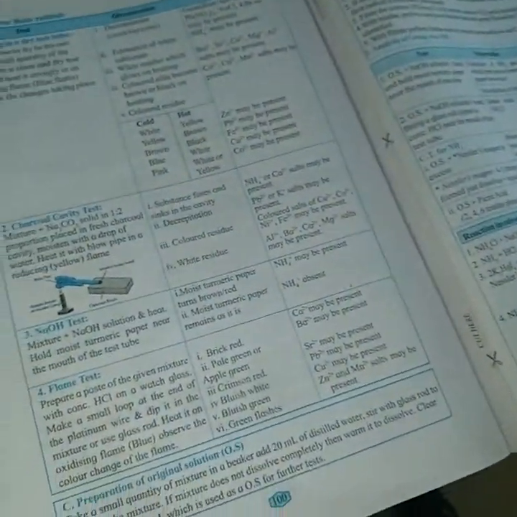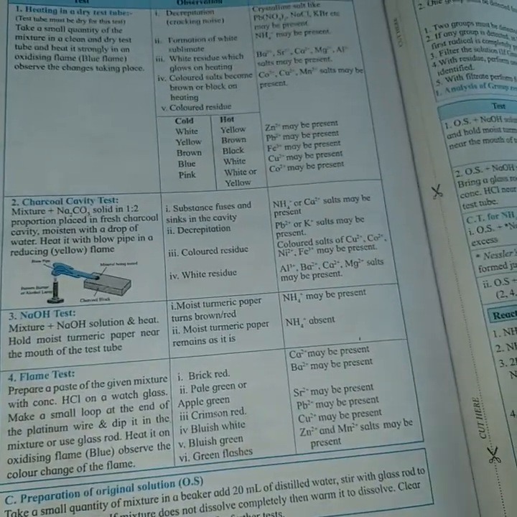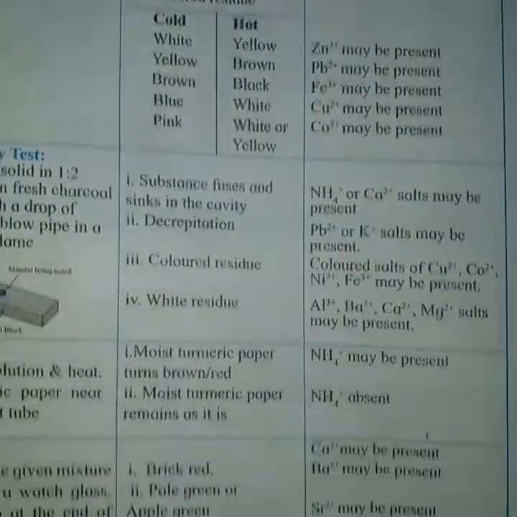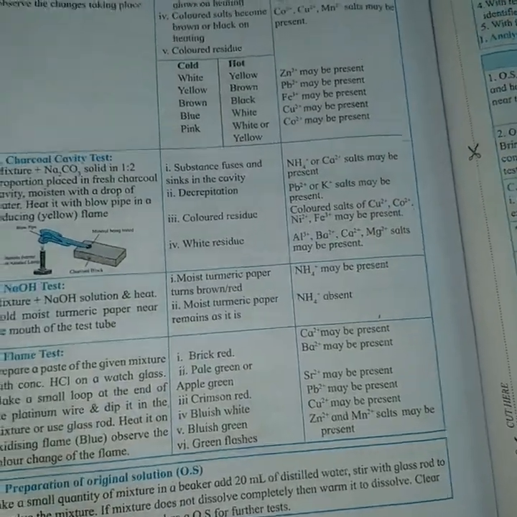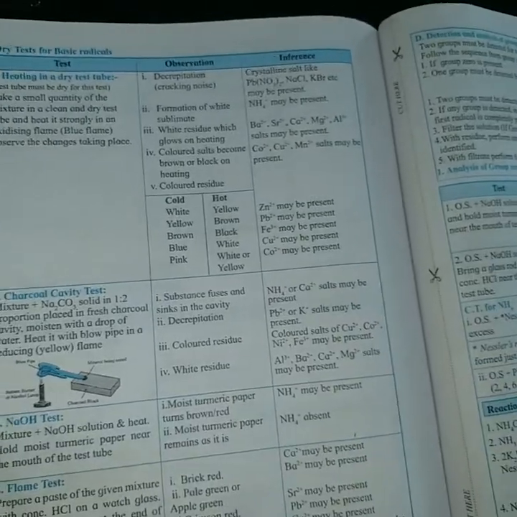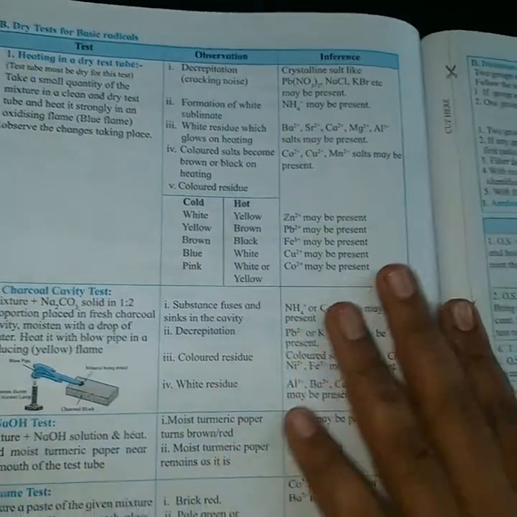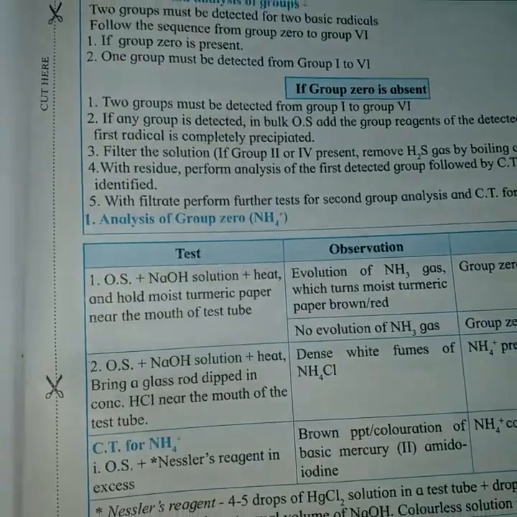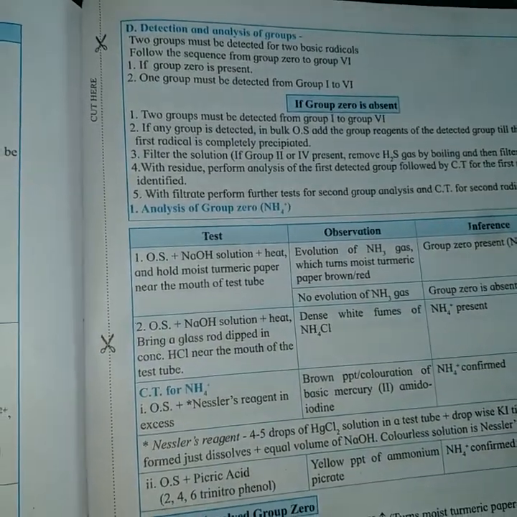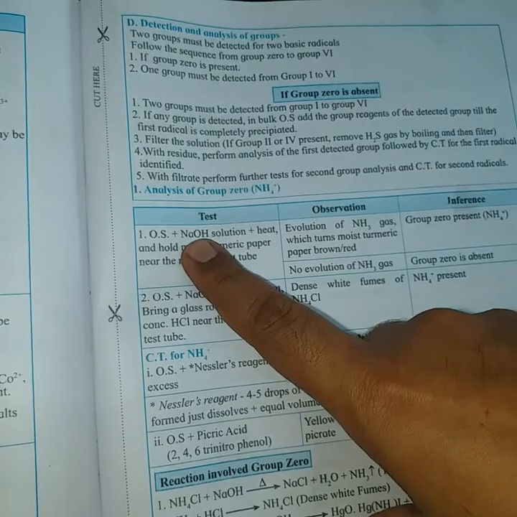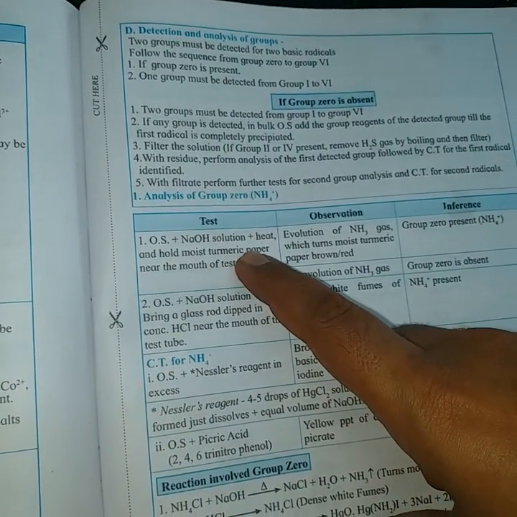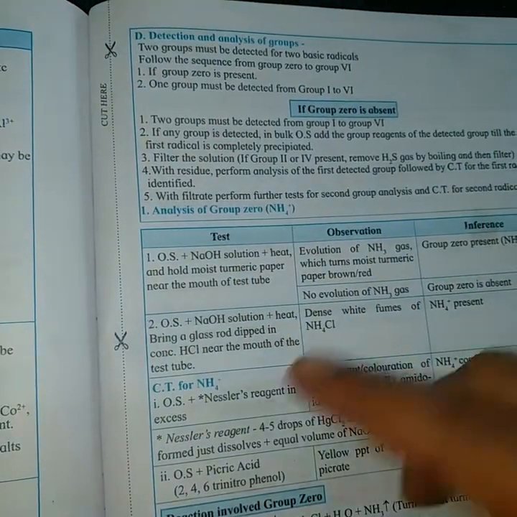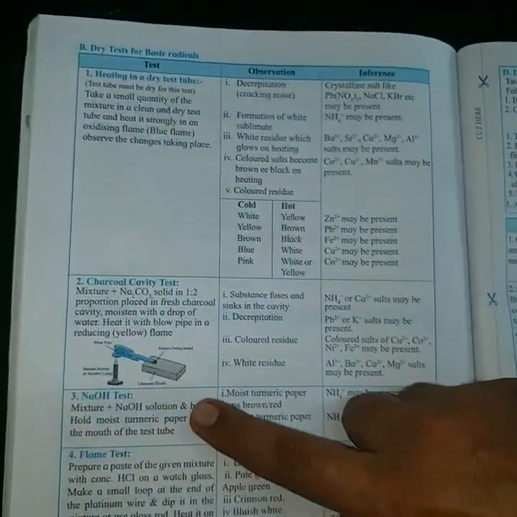In the dry tests, what we got so far is a positive test for NH4 and a positive test for strontium. Now, as I said in the beginning, whatever basic radical you are performing, the NH4 plus test is a group 0 test. Okay? It comes in group 0. So for the NH4 test, we'll take the salt and then sodium hydroxide, and the same thing that we did for the NaOH test, we are going to do.